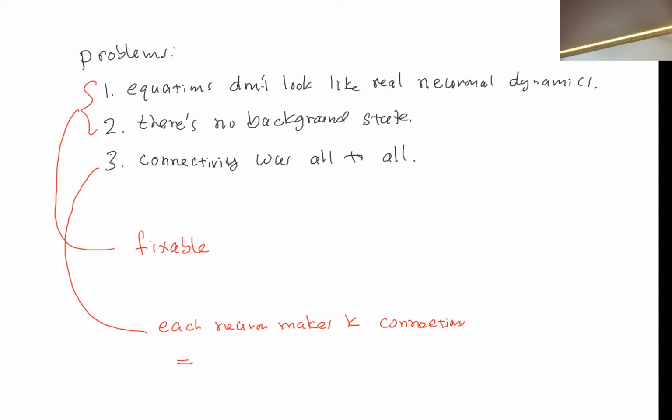And that implies P is proportional to not N, but K. Now, for some models you can divide by something, but we'll just leave it at that. Proportional to K. And that actually is the biggest problem, currently unsolved.